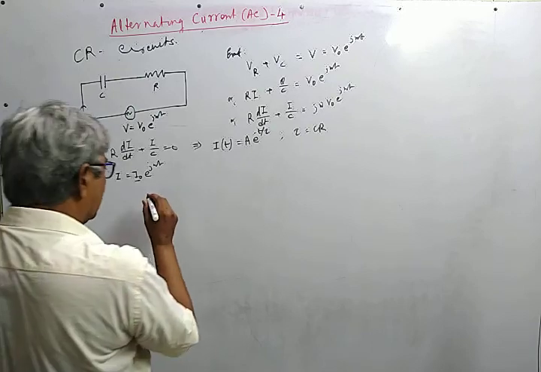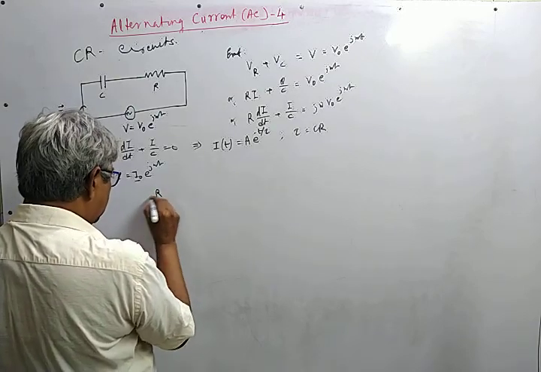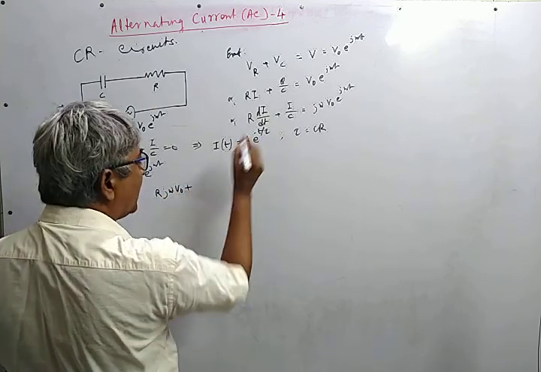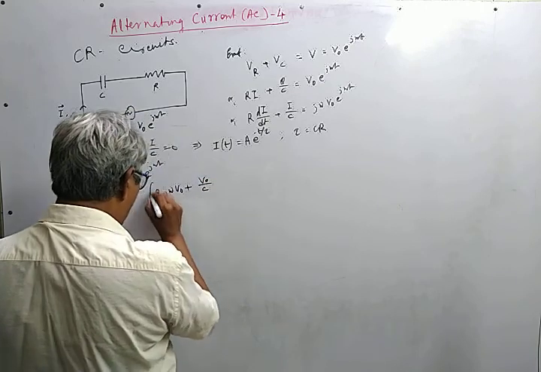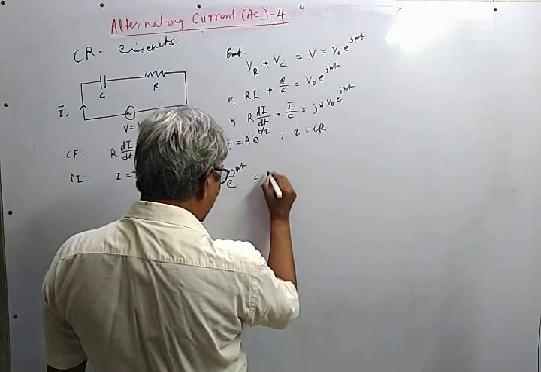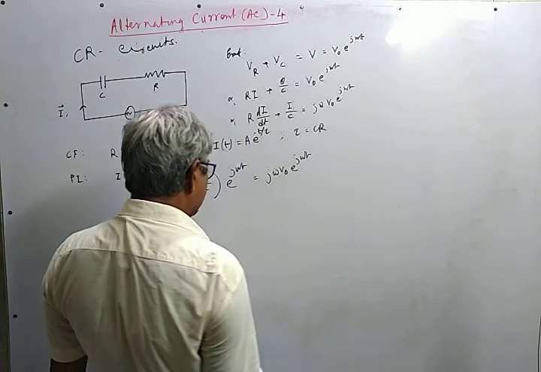So the first equation is j omega R I0 plus I0 by C, whole thing multiplied by e to the power j omega t, and on the right side j omega V0 e to the power j omega t.